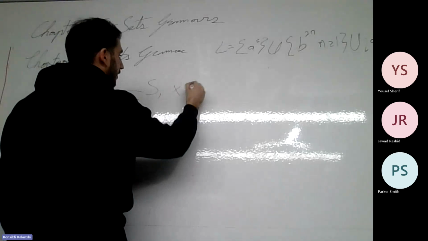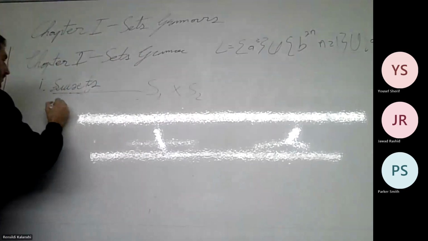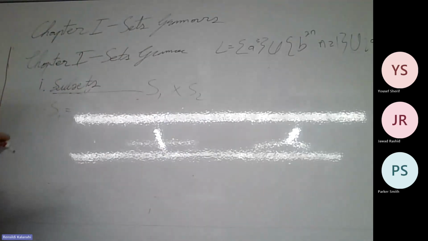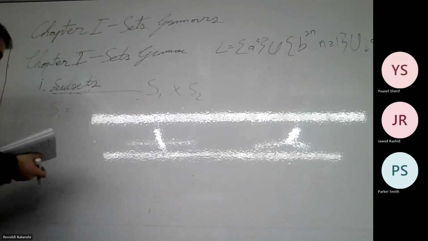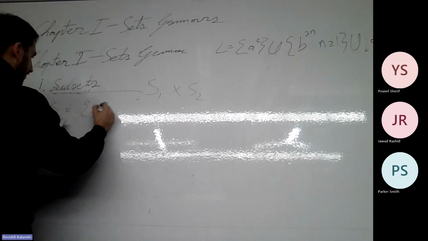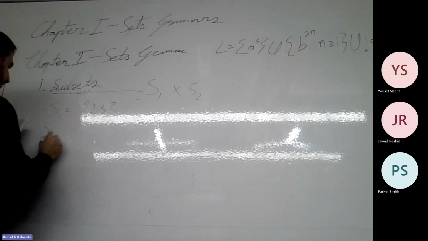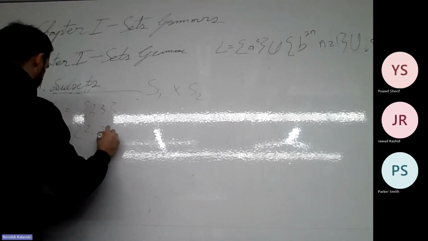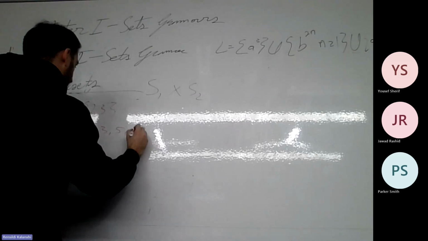So S1, S2, let's define or initialize S1 and S2. S1 is 2 and 3, and S2 is 2, 3, 5, and 6.